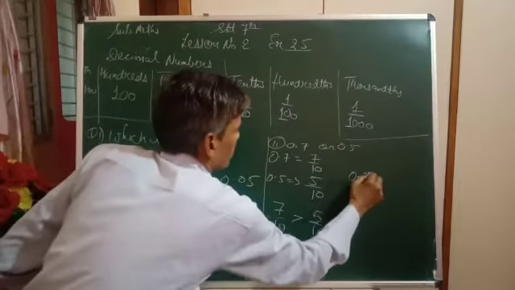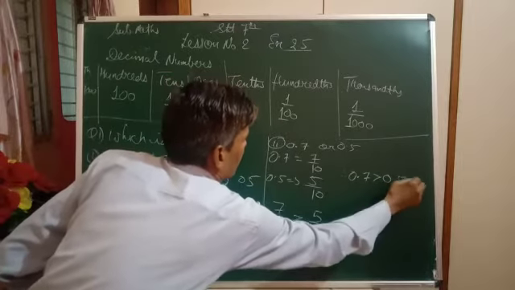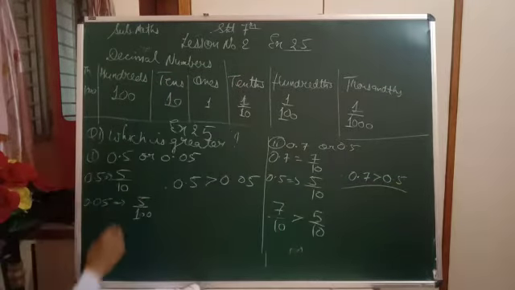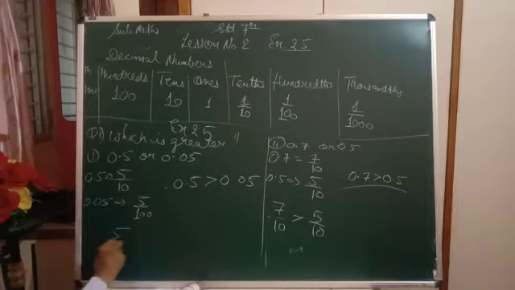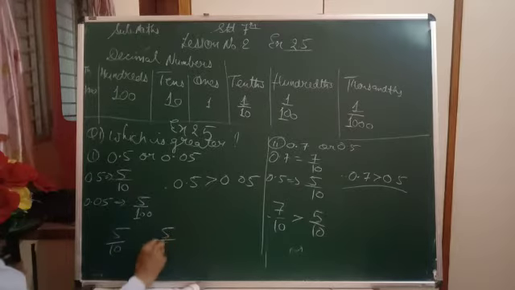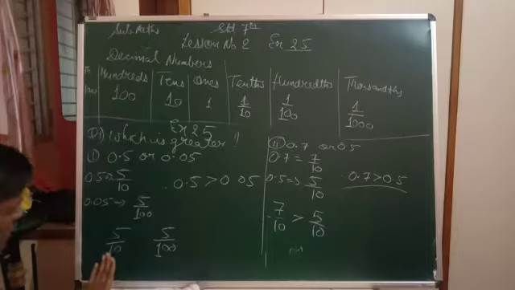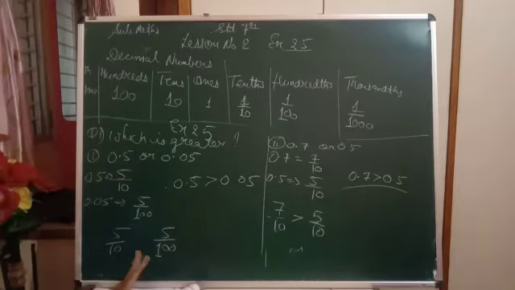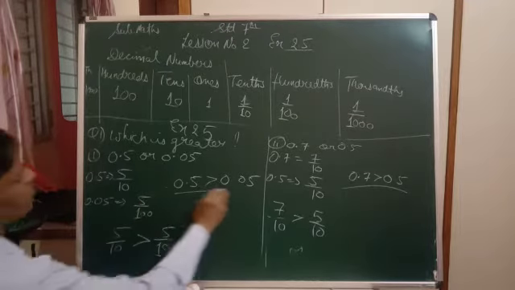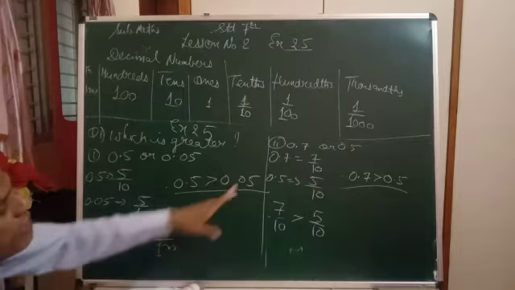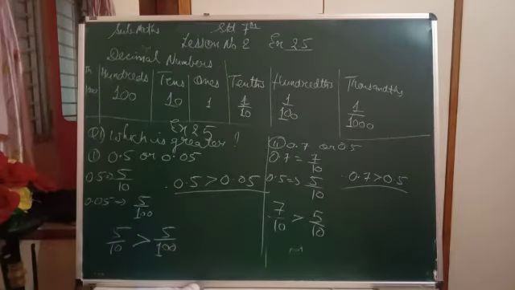Therefore 0.7 is bigger than 0.5. Here also in the first sum, what we have seen, 5 upon 10 and 5 upon 100. The numerator is the same, but the denominator is different. Here it is 10 and here 100. After the decimal, the tenths place is bigger, so 0.5 is greater than 0.05. It is the same way for this sum. Next sum I am explaining.